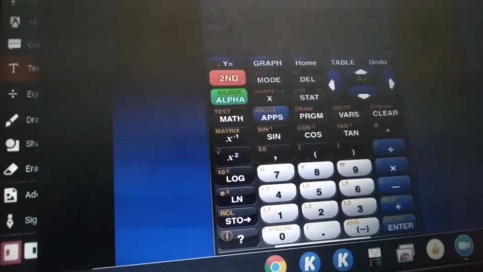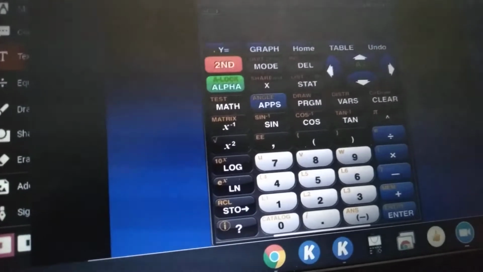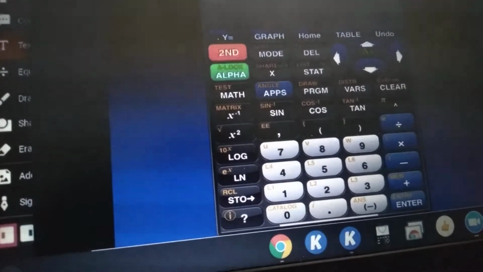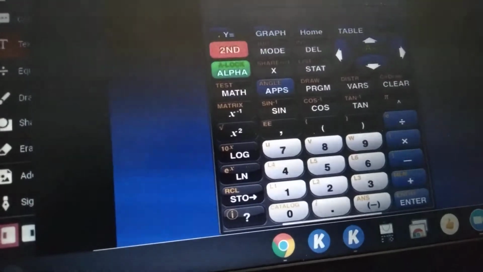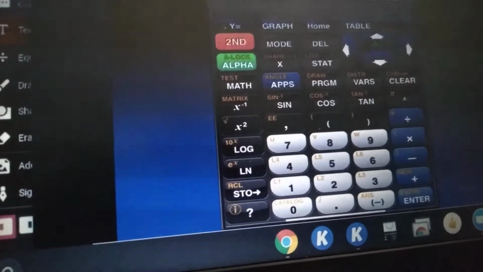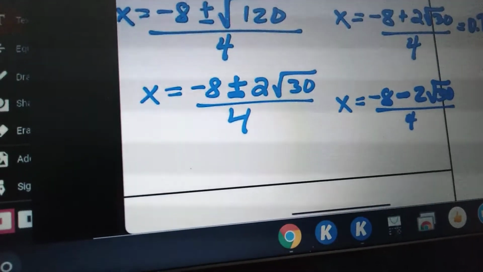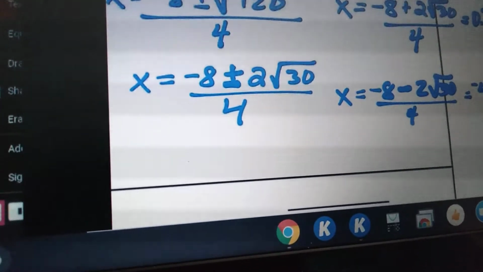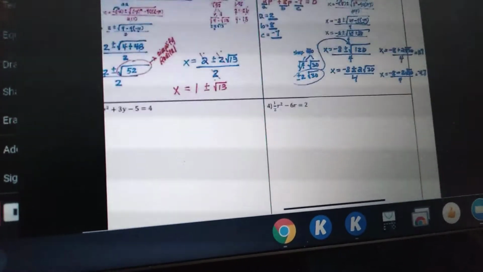Now use your right and left arrows, move to where the plus sign is, and change it to a minus. Hit enter. Now we get negative 4.738 or negative 4.7. Everyone understand? Everybody capiche? Good.